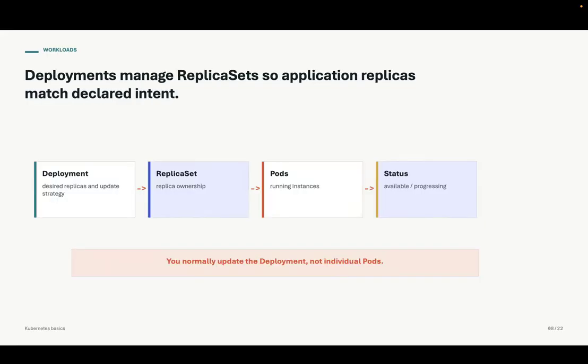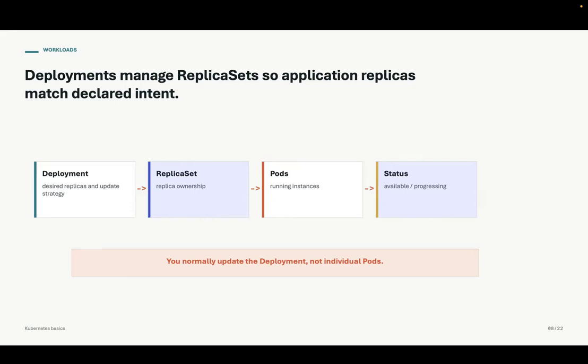Workloads. The first important thing to understand in Kubernetes is the deployment resource. Deployments are one of the most common Kubernetes workload controllers. A deployment manages the replica sets and the replica set manages the pods. This ownership chain matters.